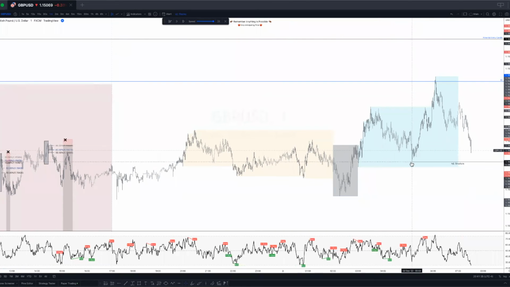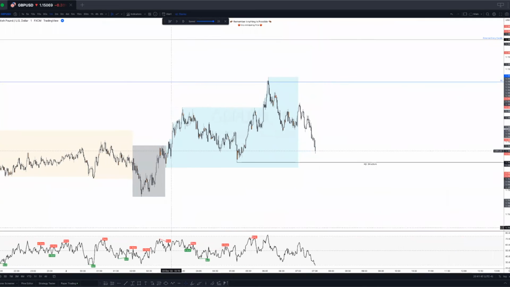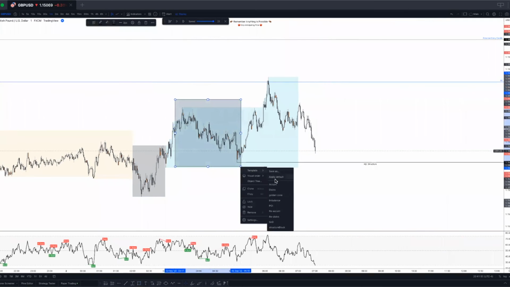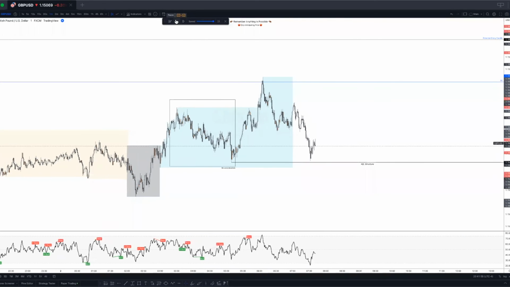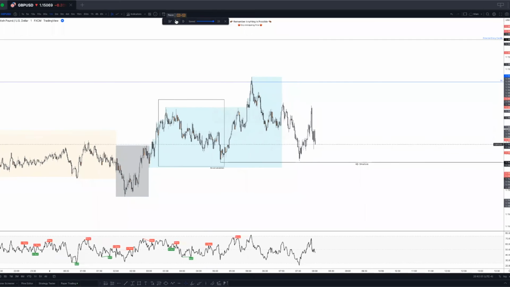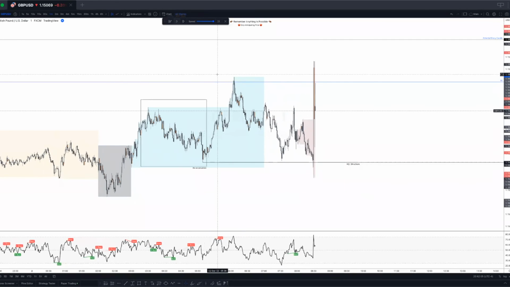This is the low that made that high, but the overall low that confirmed the reaccumulation right here was here. If this breaks, playing a distribution happens. New York, boom.